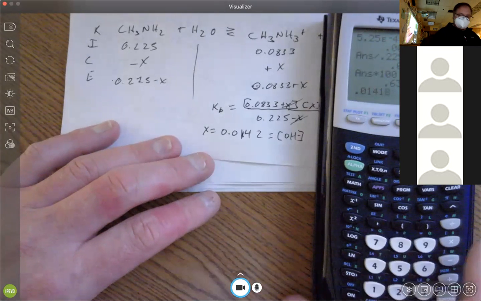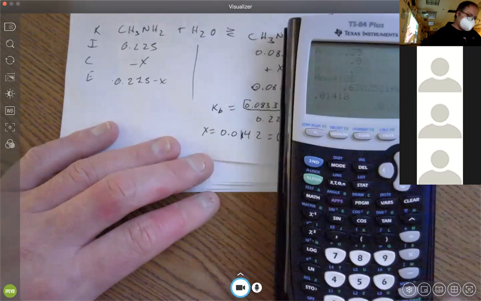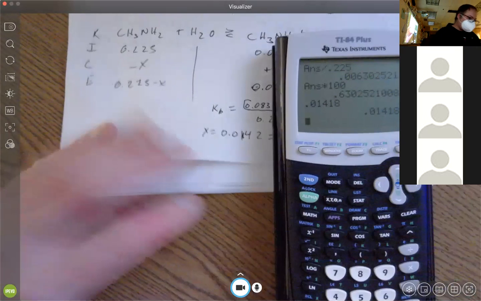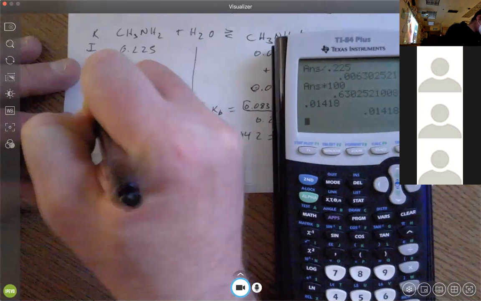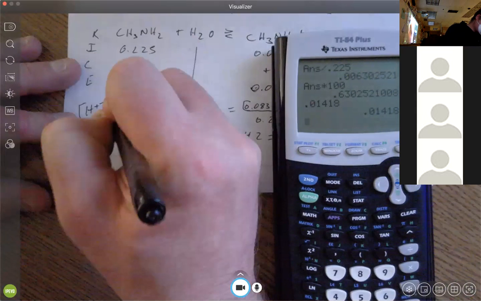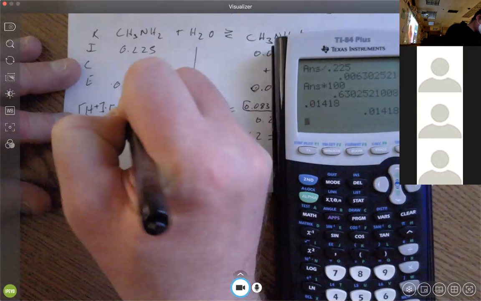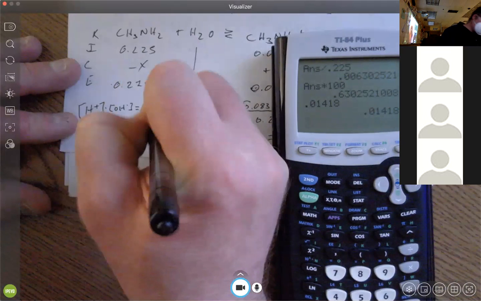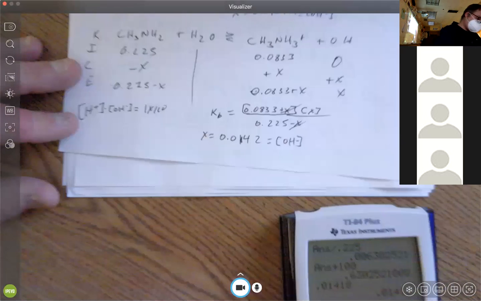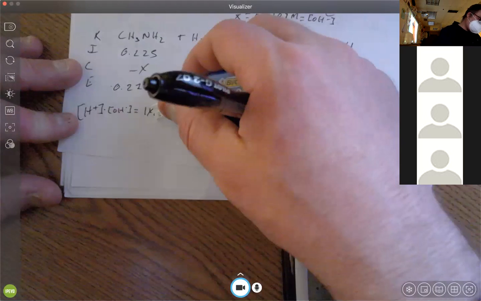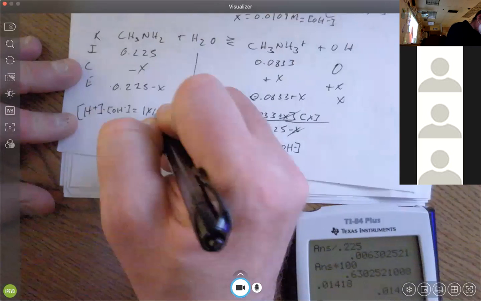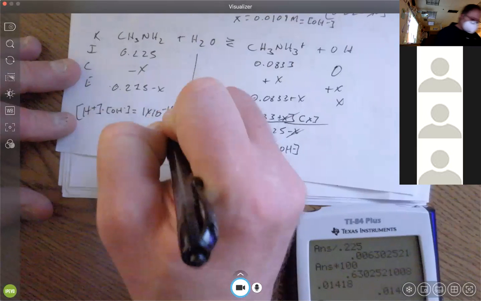So if this is the hydroxide ion concentration, remember the hydrogen ion concentration times the hydroxide ion concentration has to equal 1 times 10 to the what? Negative 14. That is what we call the KW, right?